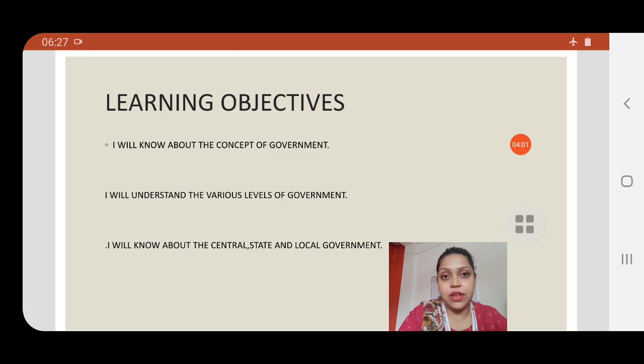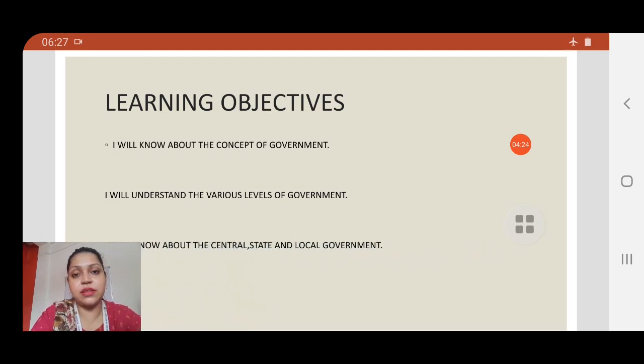Number 2, I'll understand the various levels of government. Number 3, I'll know about the central, state and local government. We'll study the three parts of government, that is the central, state and local government.